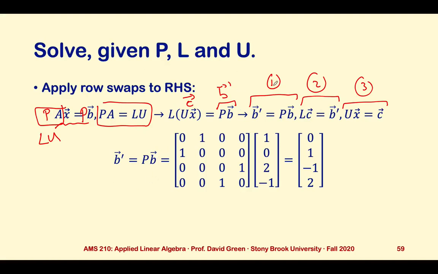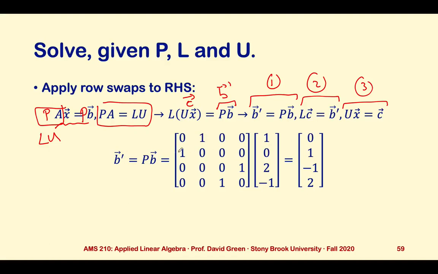Okay. Start with the first piece. Apply the row swaps to the right-hand side. We simply multiply our given right-hand side by our permutation matrix. We can either do this by just applying rules of multiplication. The first row with all zeros except for a 1 in the second column pulls out the second entry, so we get a 0.